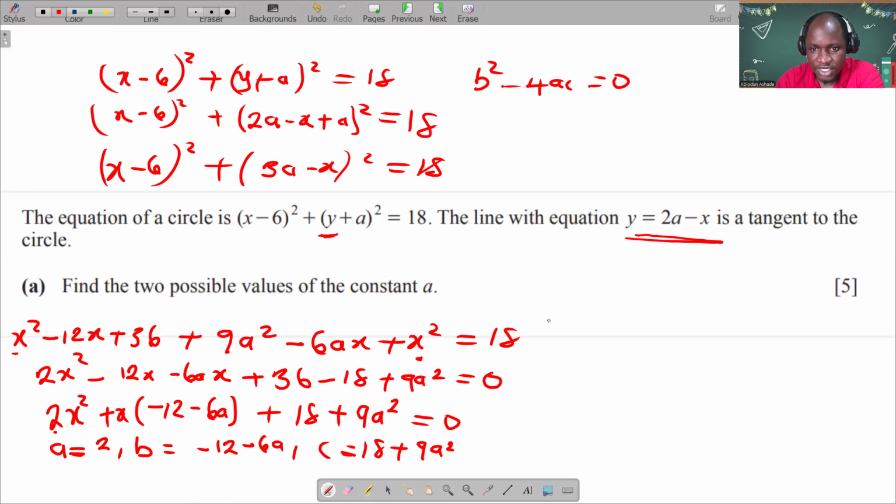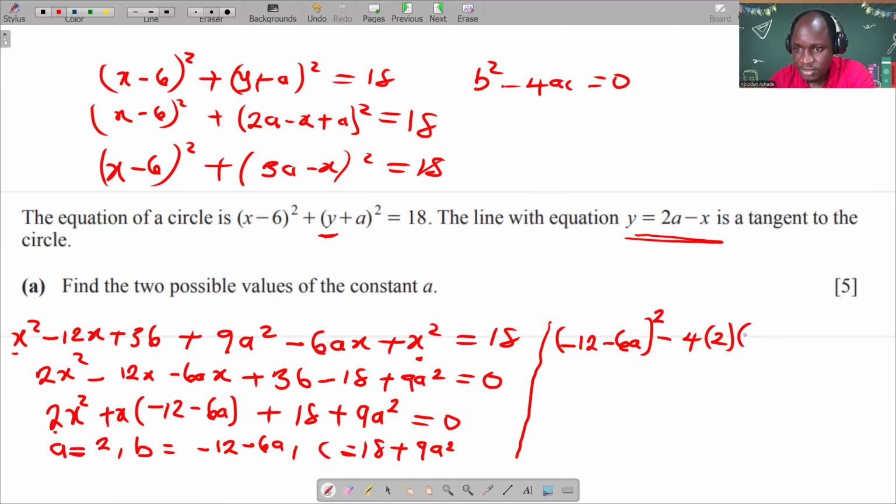So in simplifying our discriminant, which is b squared minus 4ac, we are saying that b squared, that means minus 12 minus 6a all squared, minus 4 into bracket, my a is 2 and my c is 18 plus 9a squared, equals 0.